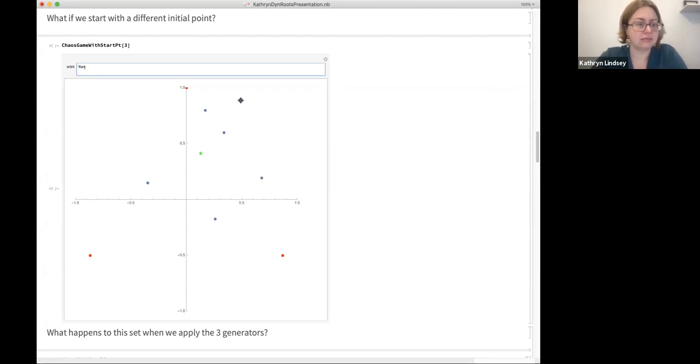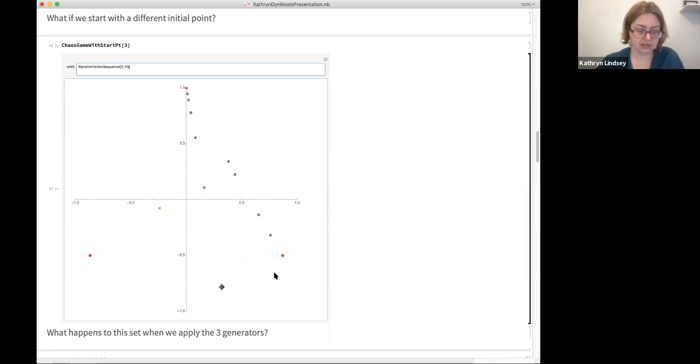Let me just do a random vertex sequence. So we've got 3 vertices, and let's do, say, a sequence of 10 vertices. You can see choosing different starting points does make the points move around.